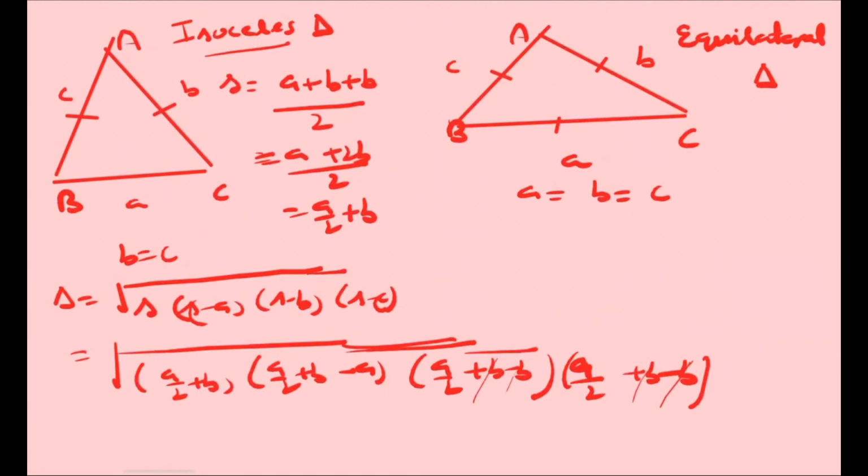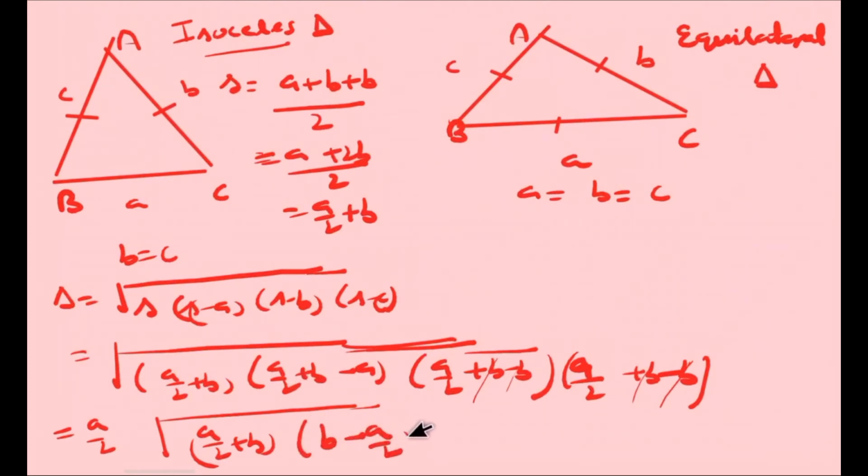So what we got, the formula here? This a by 2, this a by 2, understood, we can take the outside a by 2. In under root, we are getting a by 2 plus b, and this one is b minus a by 2.